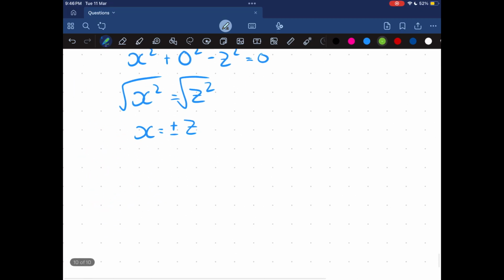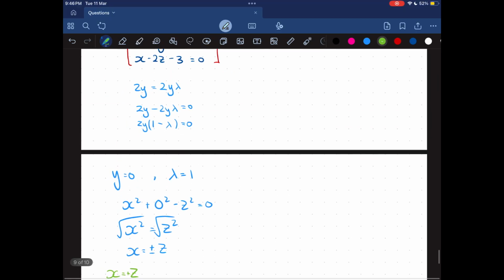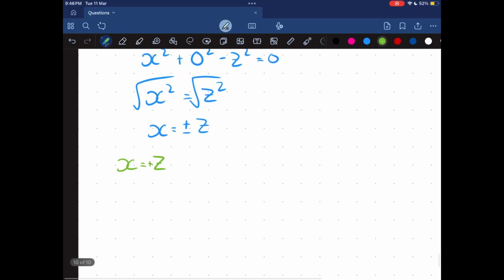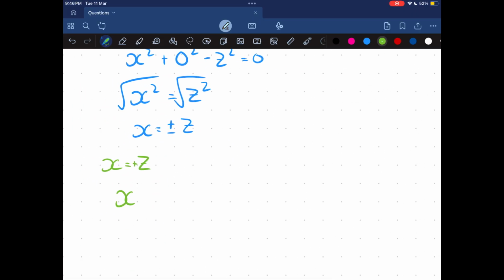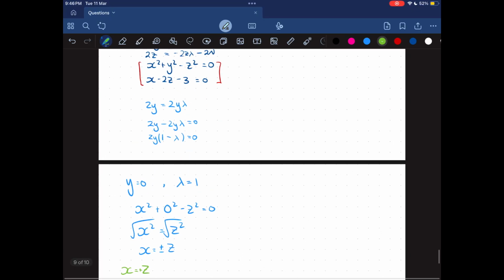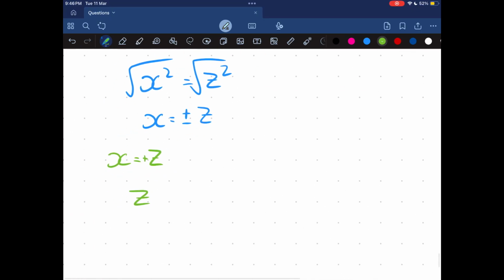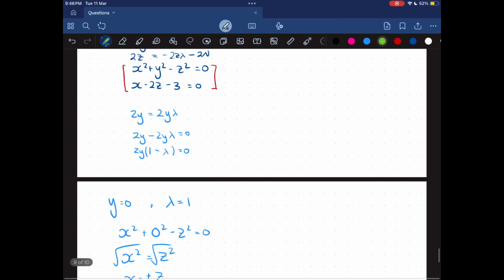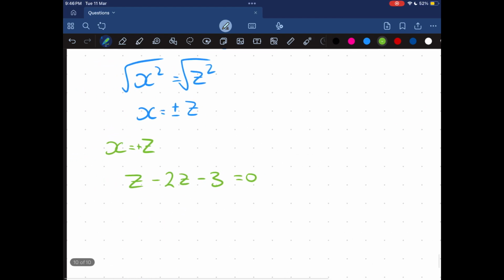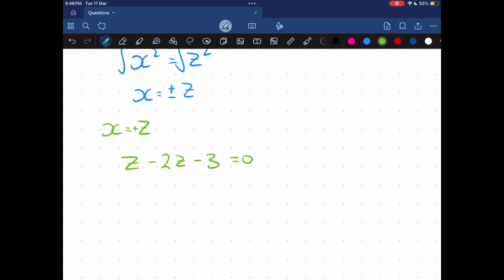Starting with x equals plus z, we look at our equation: z minus 2z minus 3 equal to 0. Just plugging into x minus 2z minus 3 equals 0, which means we get z is equal to 3.